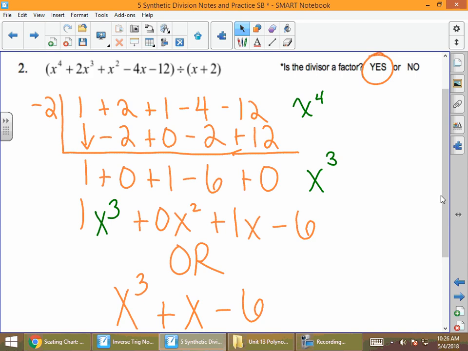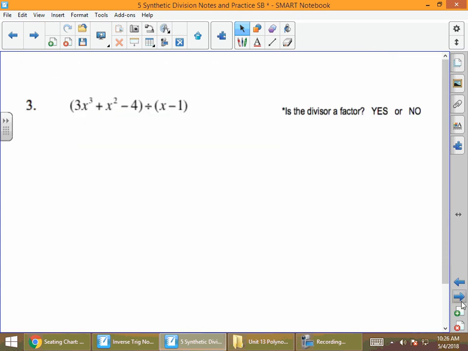As we flip our paper over, the other thing that we need to remember is if we are missing a term, we need to fill in a 0 for that.